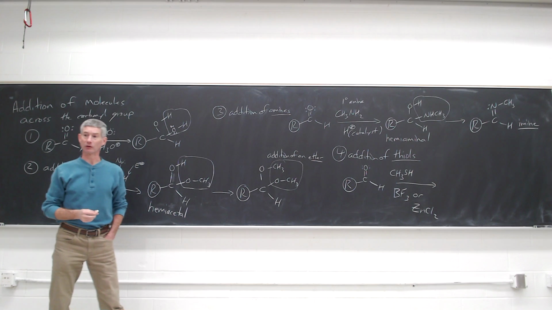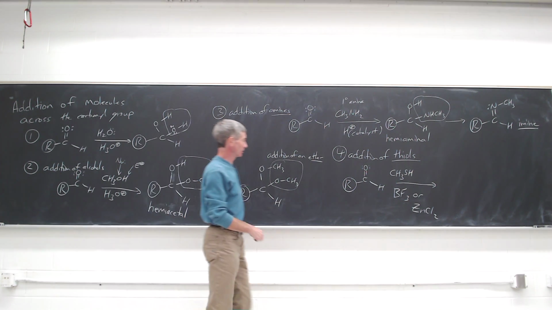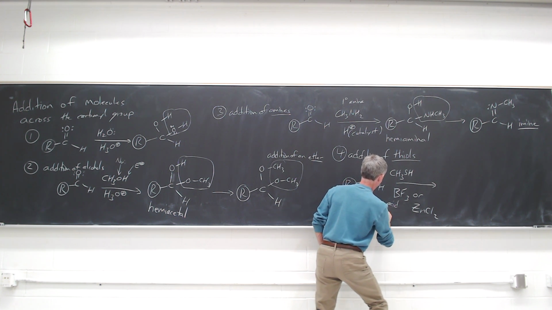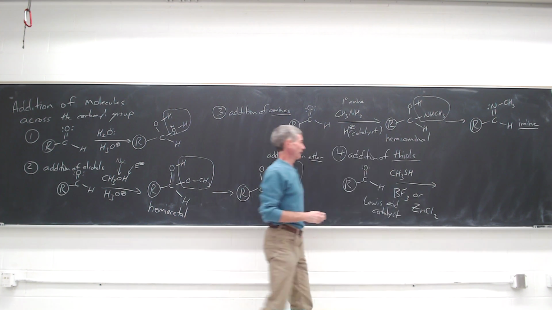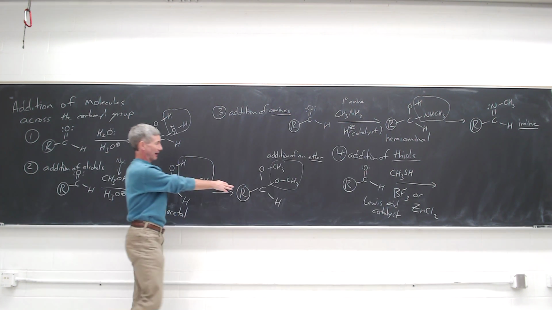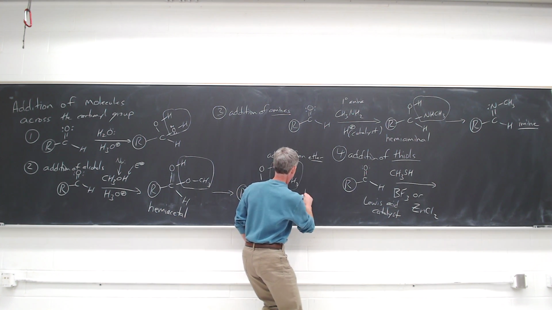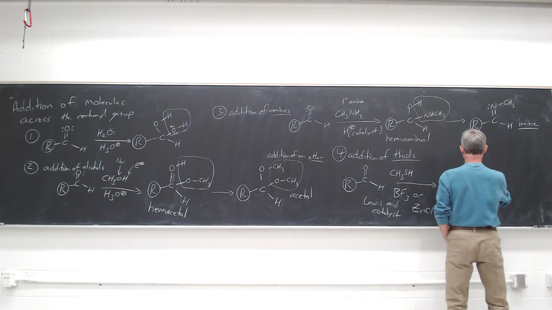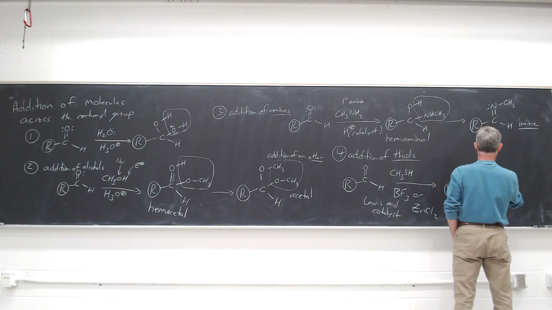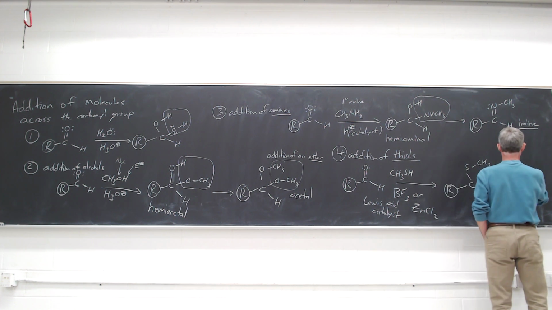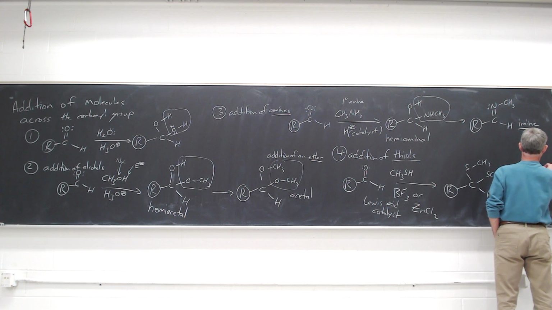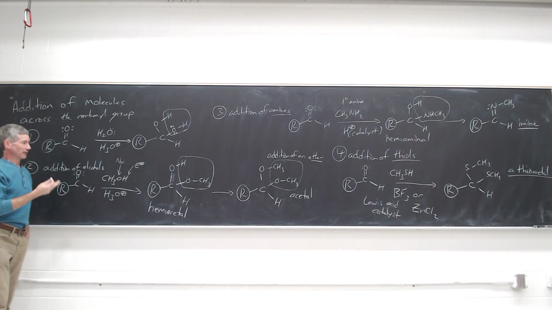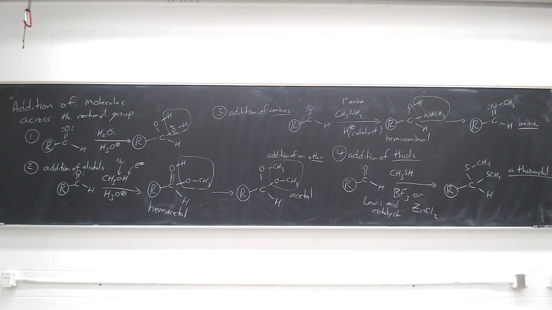Boron trifluoride and zinc chloride are two of the most common Lewis acid catalysts for this reaction. And we will make the sulfur equivalent of this acetal, or thioacetal. And it will go through a hemi-thioacetal intermediate as well on its way to that thioacetal.